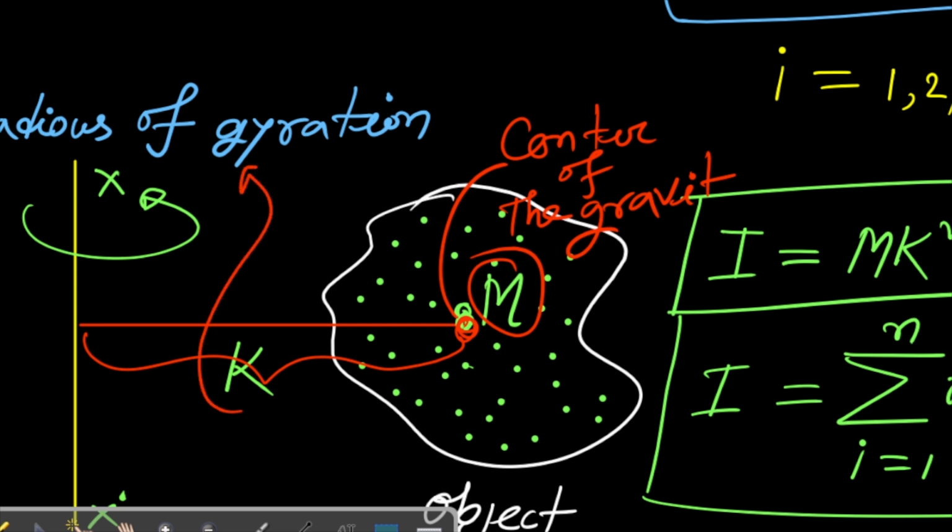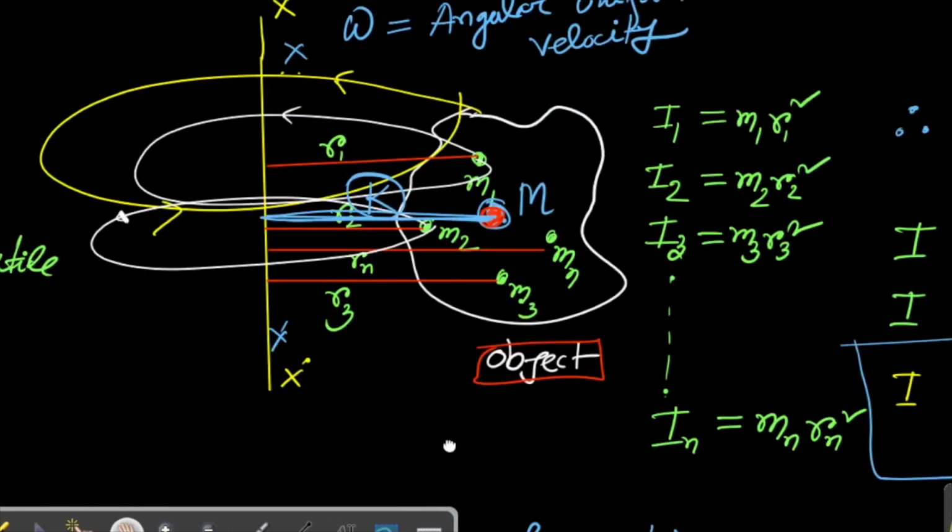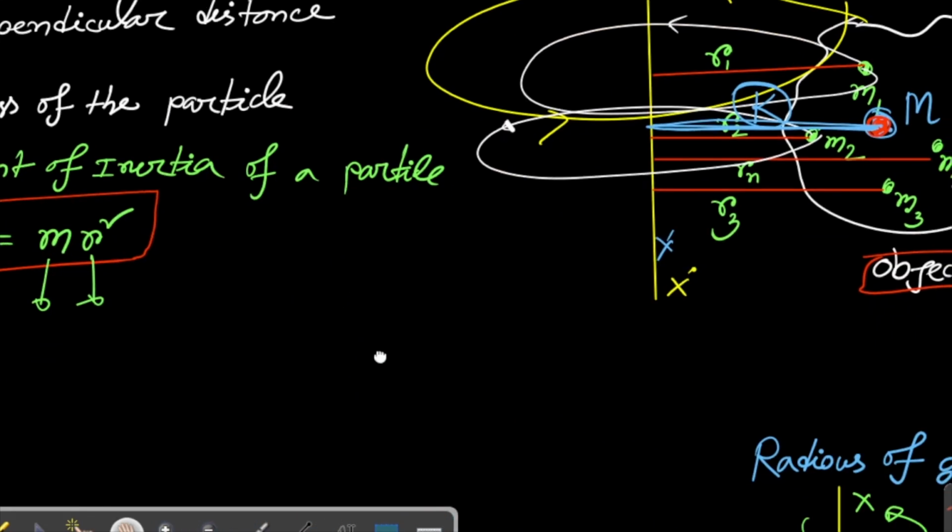And if we find the moment of inertia, then at first we put the mass and the square of the distance, k square. This is the process. I think all of you clearly understand how we can find the moment of inertia of a single point mass and an irregularly shaped object.